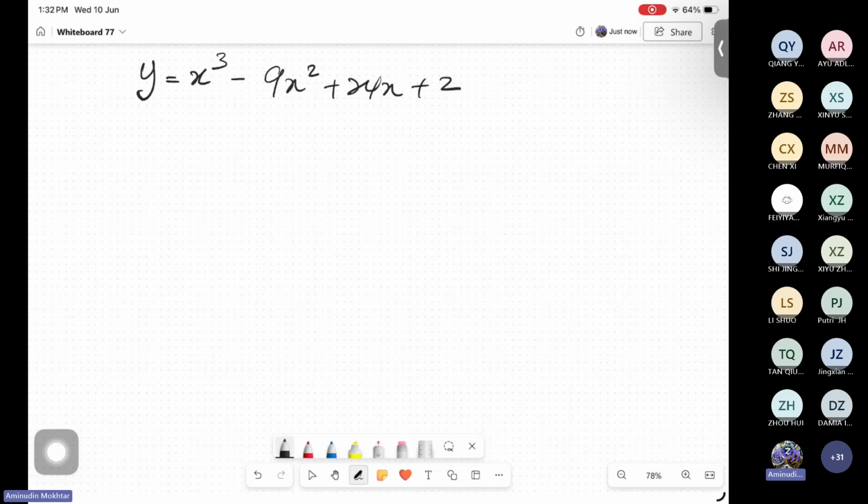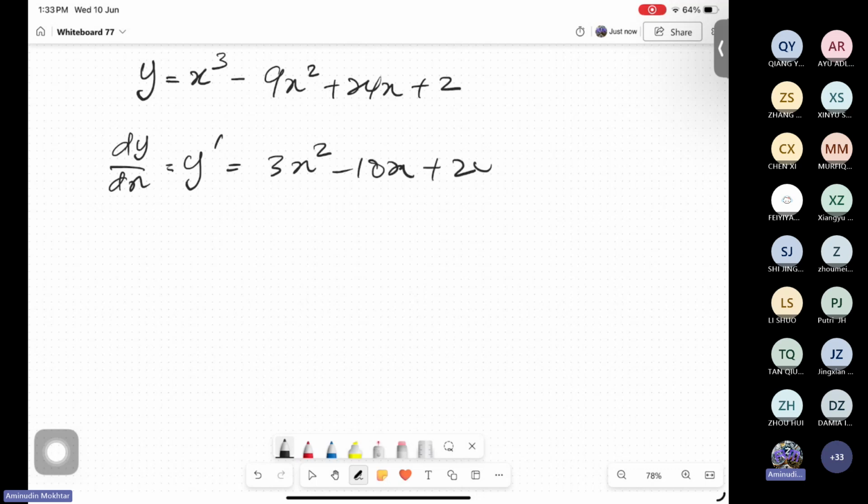To find this, we can apply dy/dx. For this case, we find dy/dx, or y prime, equal to 3x squared minus 18x plus 24. Please make sure you know the rules of differentiation.